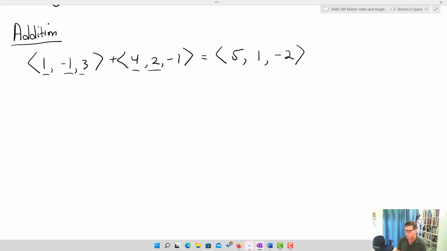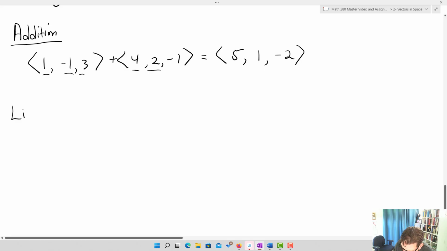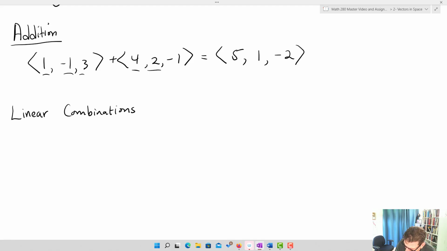Now, what we can do is combine scalar multiplication and addition to create something called a linear combination. And linear combinations are really quite powerful and important for working with linear algebra, and also for working with vectors in 3 dimensions. What they are basically is a combination of scalar multiplication and addition.